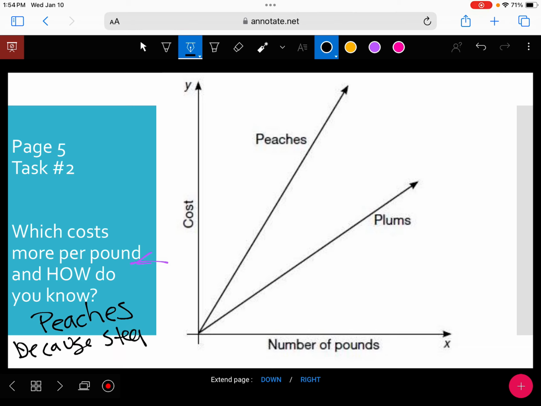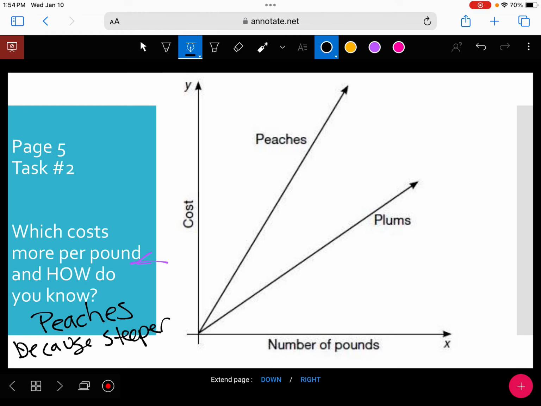Steeper meaning higher slope. Its rise is going faster than its run, or at least its rise is going faster than plums. It's increasing more quickly. There's an infinite number of ways to word it. As long as what you say is clear, I do not care which words we use.